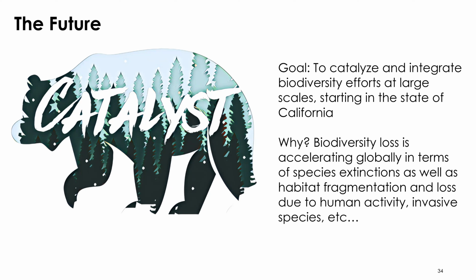So NASA is starting this new program called Catalyst, and it will actually start on the West Coast, really in California, but it's going to spread beyond California after the first initial few years. The goal is to catalyze and integrate biodiversity efforts across the state in these large areas.